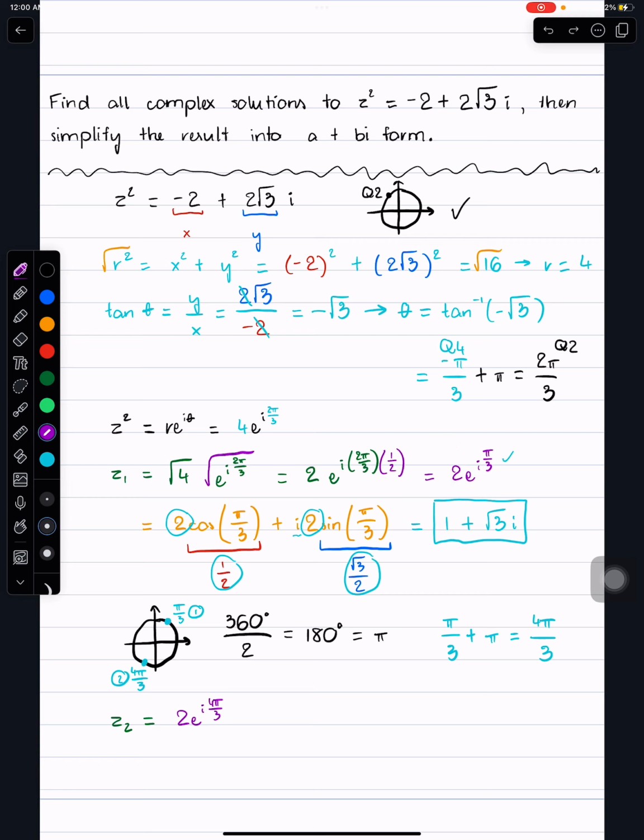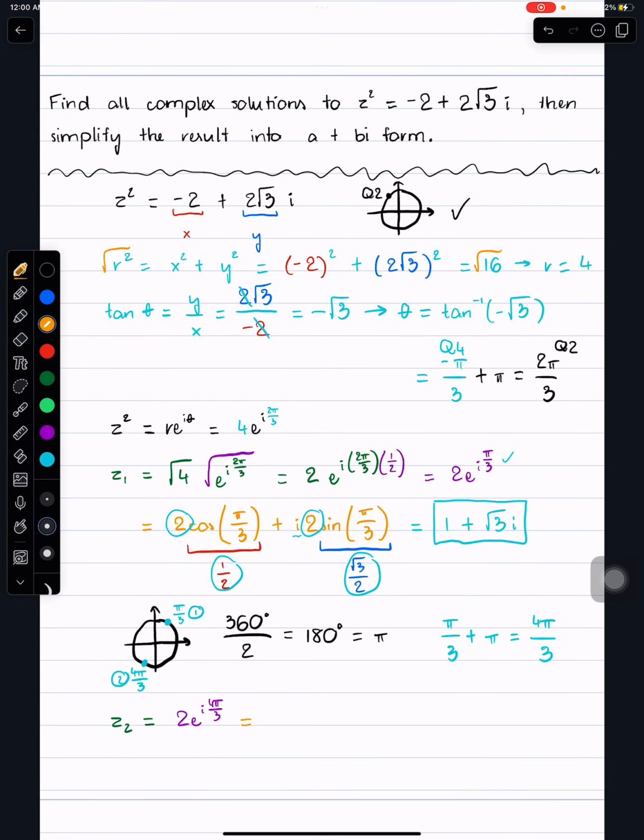Okay, and let's plug back the Euler's formula. So we're going to go 2, or let me switch the line for this one. So we're going to do 2 and then cosine 4 pi over 3, and then plus i, and then the radius, the 2, and then sine of the same angle, 4 pi over 3. And then you're going to put it back into the calculator again.